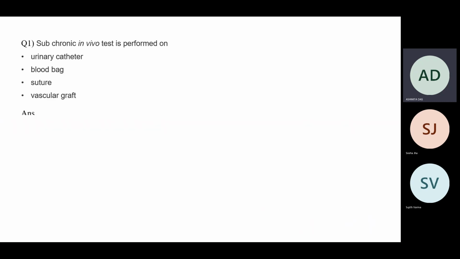So here comes the first question. Subchronic in vivo test is performed on urinary catheter, blood bag, suture, vascular graft.